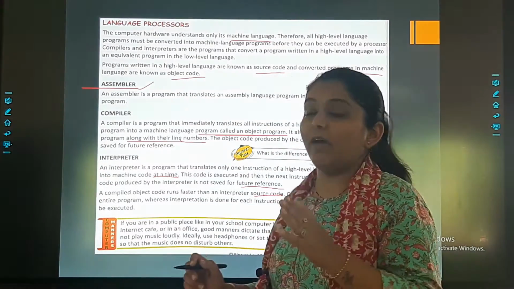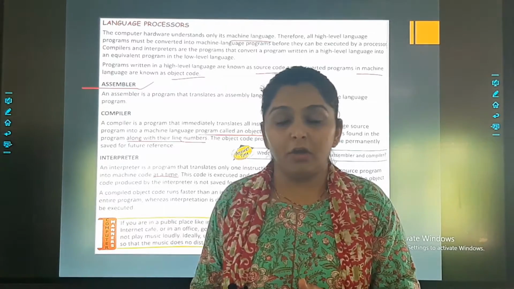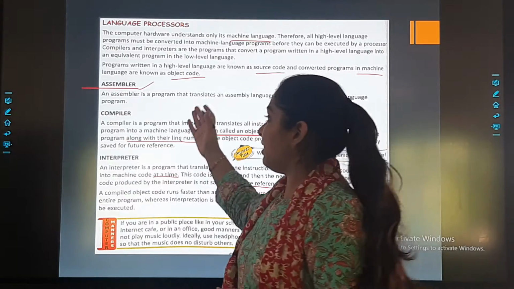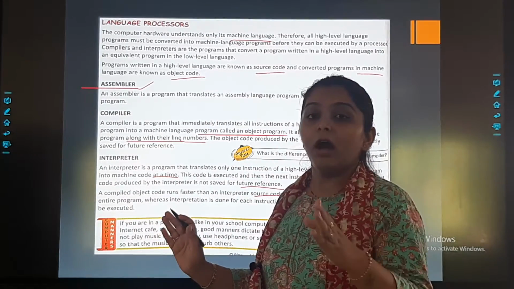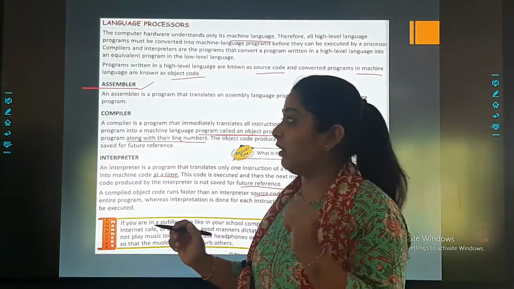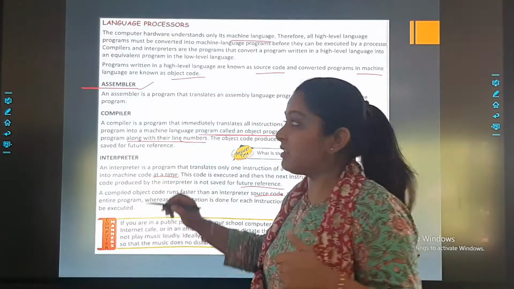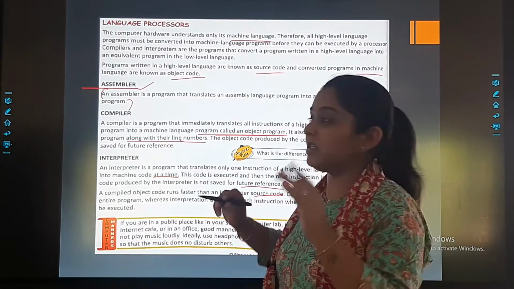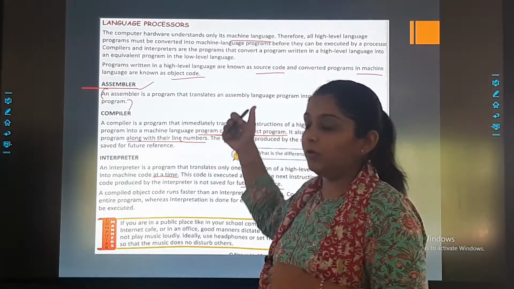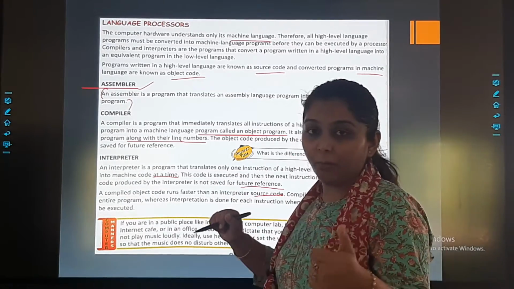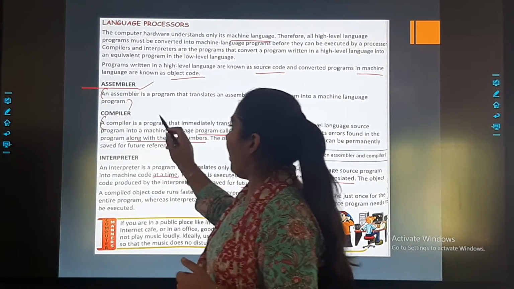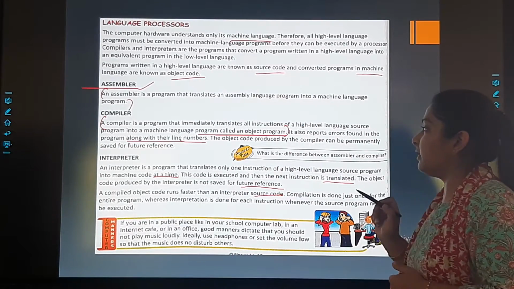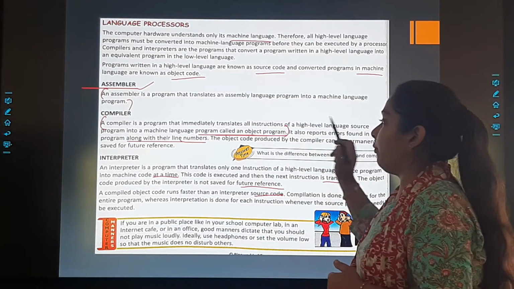But first of all, I will make you understand what to write when it is asked in your exams to explain the terms assembler, compiler, interpreter. If they are asking for the assembler, you can mark it from here till here. What is an assembler, you will write up to this much. What is a compiler program? From here, a compiler is a program till the second line, called an object program.